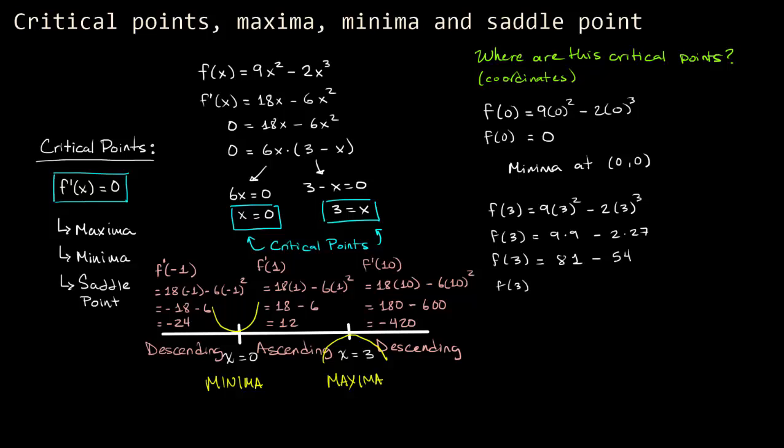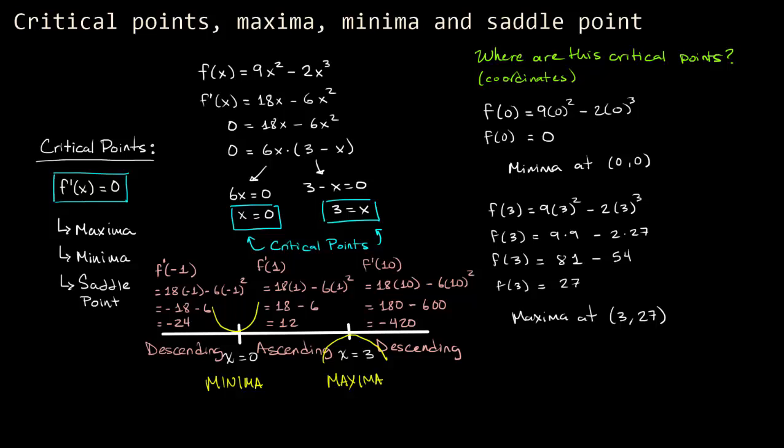So f of 3 will be, at the end, positive 27. In other words, we have this maxima at the point 3, 27.